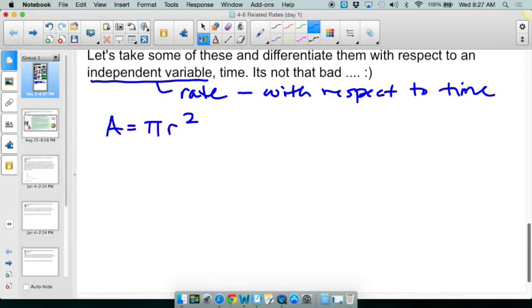We're going to take the derivative of the area of the circle with respect to time. Okay? And I'm going to have you use the Leibniz notation, the fraction notation, the dy dx, or in this case, the d something dt. Okay? Is pi a variable? Nope. Okay, good.